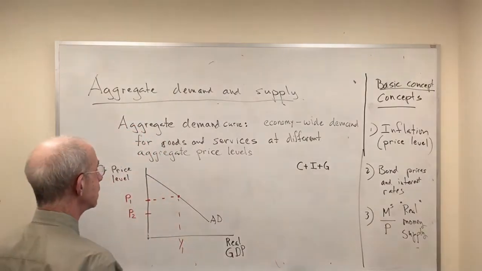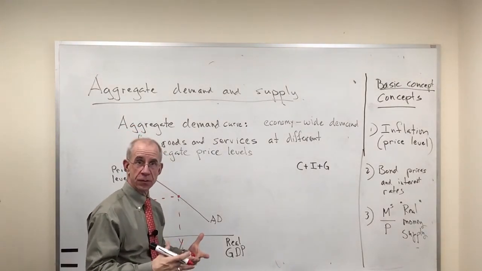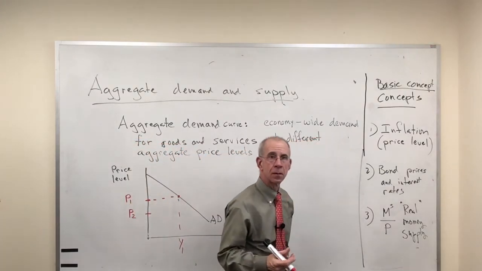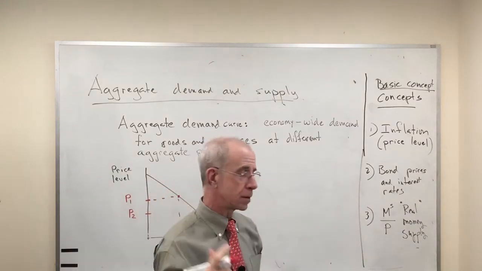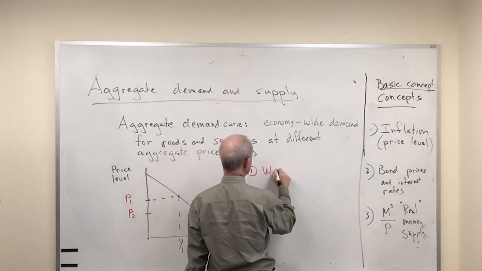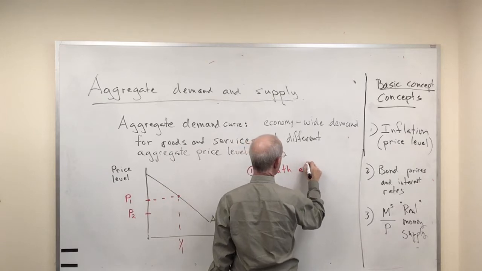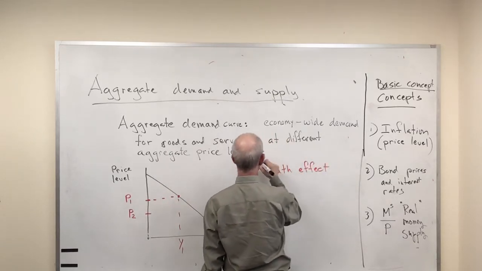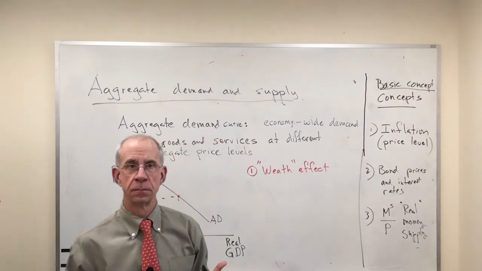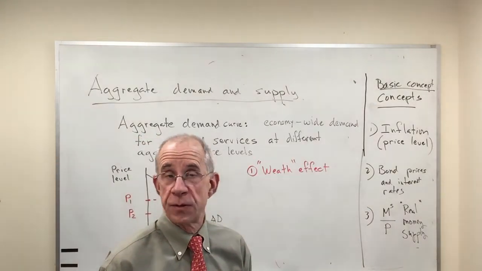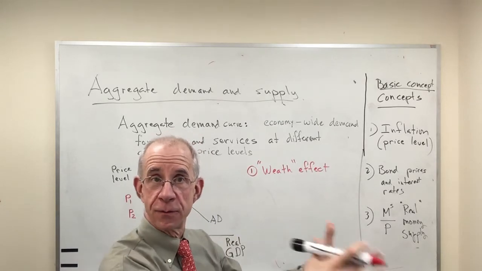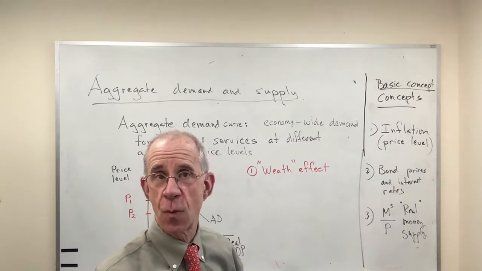Now, let's think about how that would affect the demand for goods and services. There are really two sources of effects that I want to talk about. One is a so-called wealth effect. As people feel wealthier, they're going to be willing to spend more on goods and services. If you suddenly get an inheritance, you've got twice as much wealth, you'll spend more.